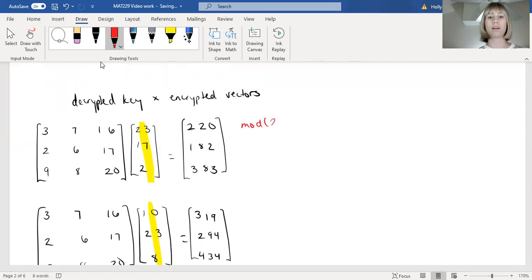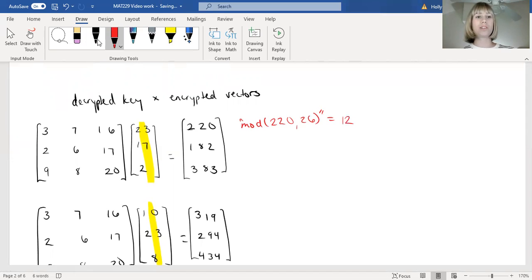So in MATLAB, mod(220, 26), and you get a value, right? For this one, we get a value of 12. That's the remainder, and that is the number that we want, so that we can map it back to the alphabet.